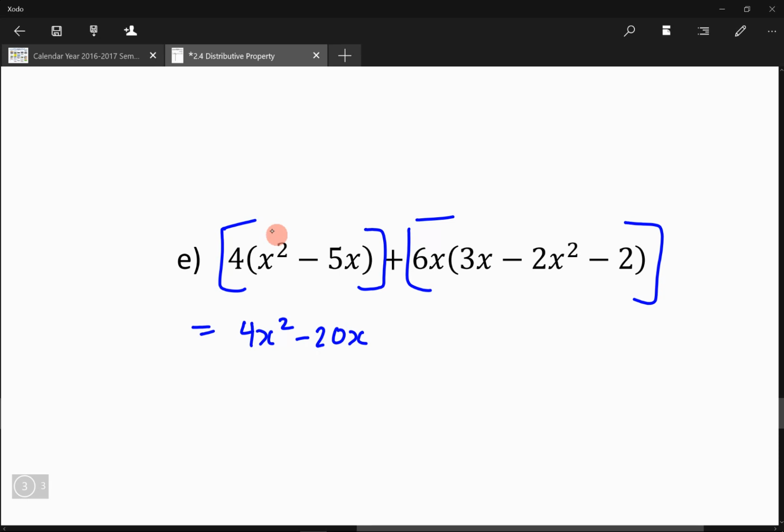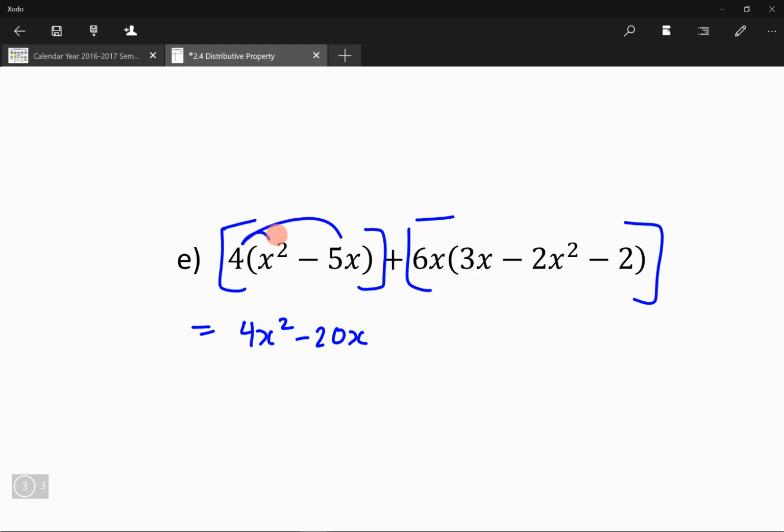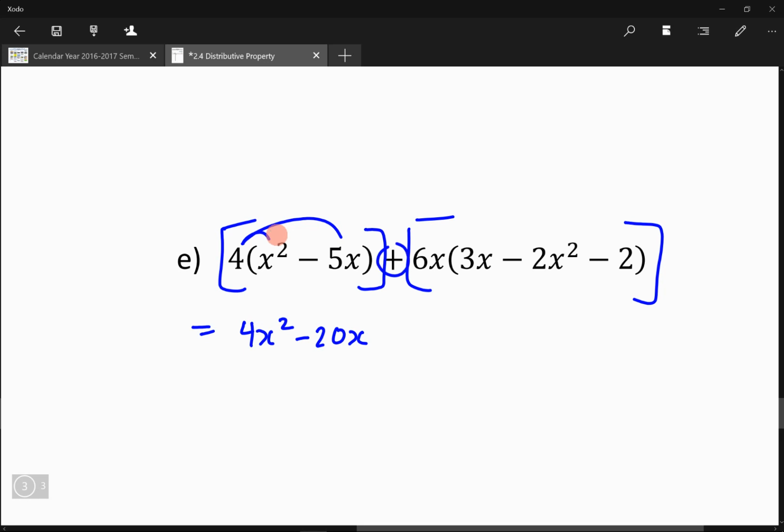We're not going to distribute the 4 with anything else, right? You're only distributing it within the brackets that it's attached to. Notice there's a plus sign in the middle, so that's why the 4 is not going to cross over to anywhere else. Now in the other square bracket here, I have 6x times 3x, which is plus 18x squared. 6x times minus 2x squared is minus 12x cubed, and 6x times negative 2 is minus 12x.